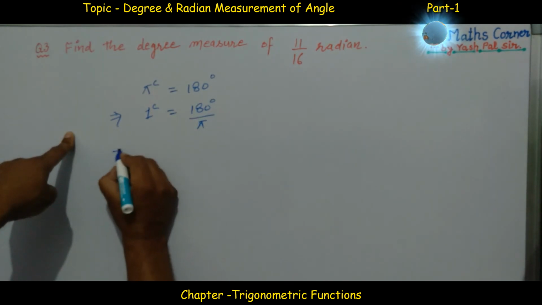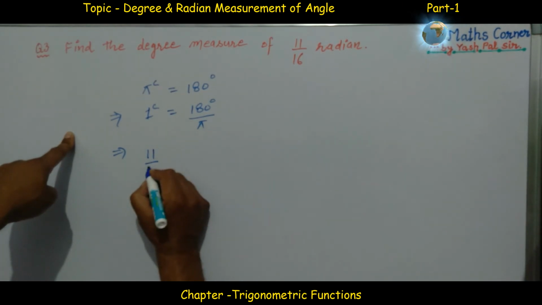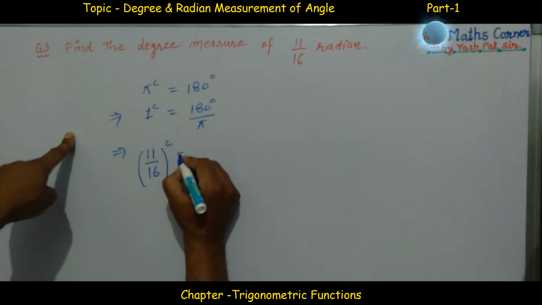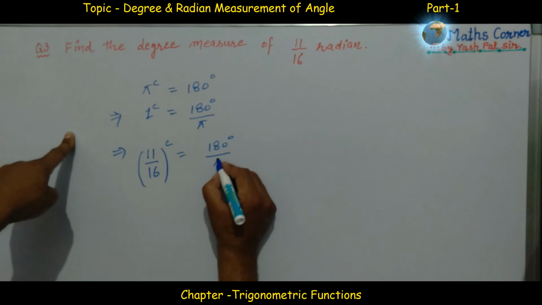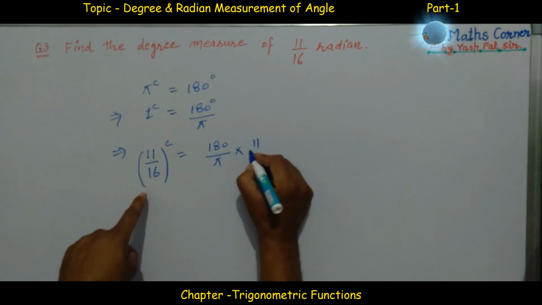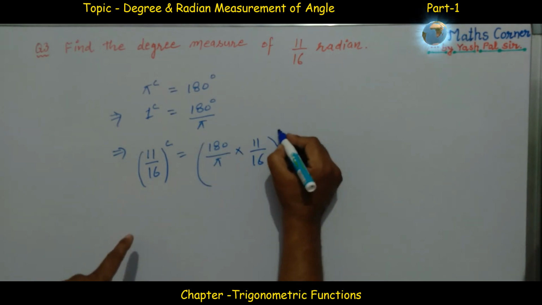So what is the radian here? 11 upon 16 radian is equal to 180 degree divided by pi into 11 upon 16. This will become degree.